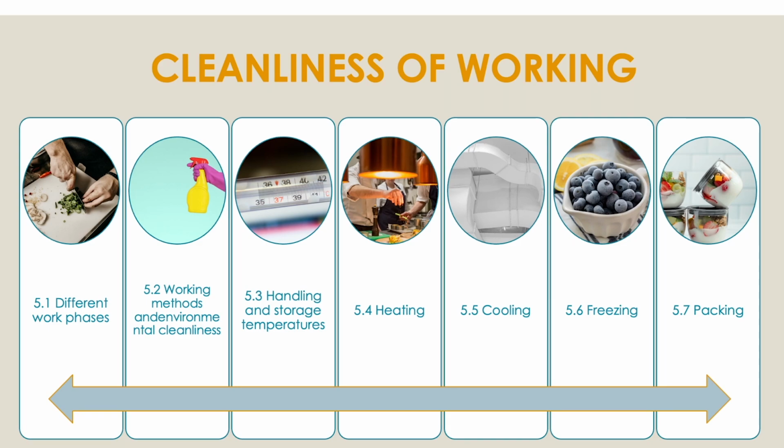So we will learn about preparing in workplaces, like different workplaces of preparing food, the way to make the environment clean, handling and storage in temperatures that are suitable for the food, that also help to prevent or reduce the growth of bacteria inside the food. Heating, cooling, freezing, and packing.